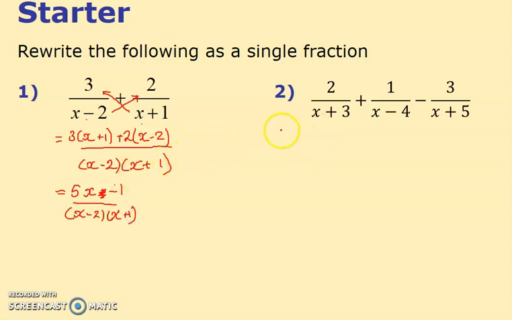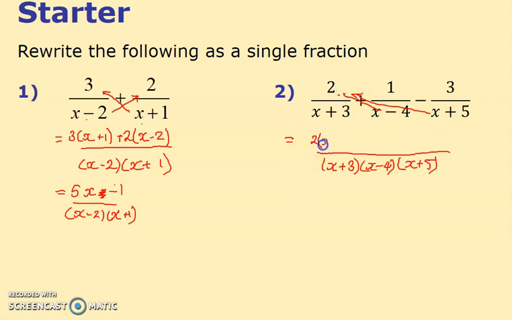Okay. When you have two brackets, it's like that. When you have three brackets, it's the same idea. You want to put it over all three denominators, but obviously you've got a little bit more work to do. That only comes from the fact that initially the 2 was over x plus 3, but it's now got all these three things. So effectively I need to have both of them coming over to it.